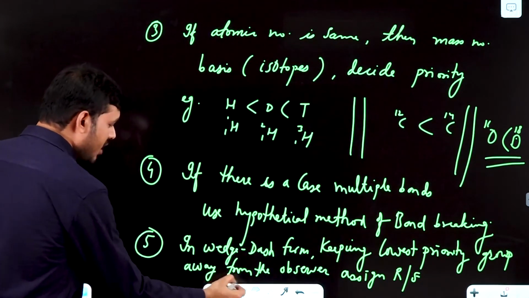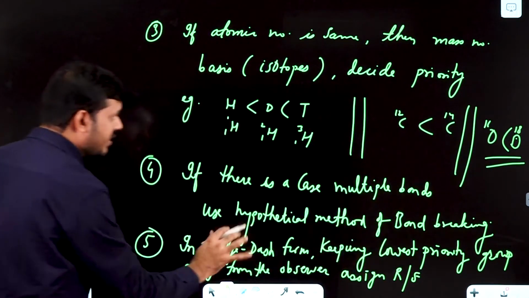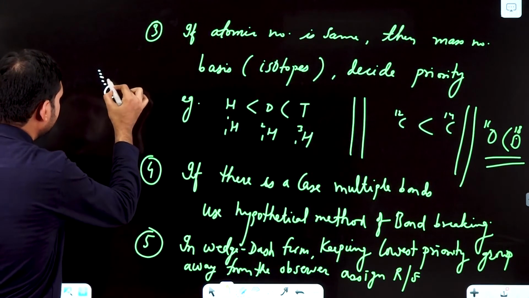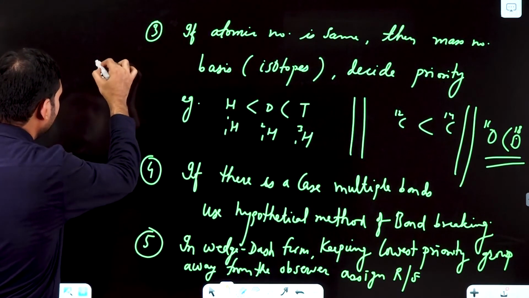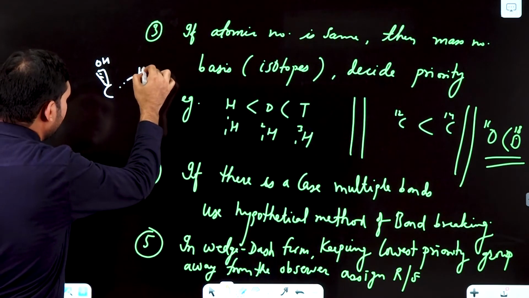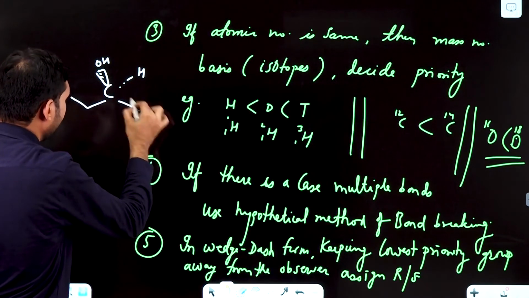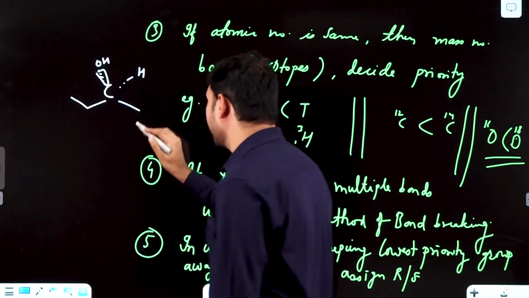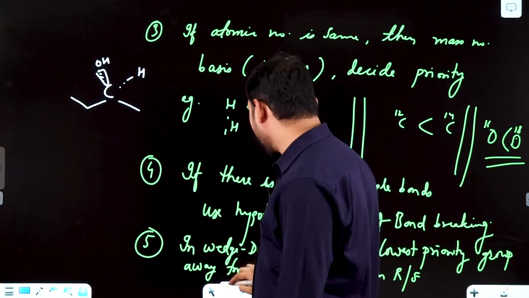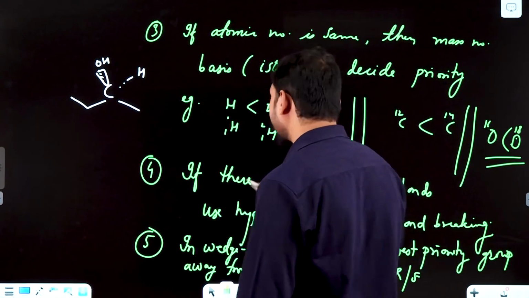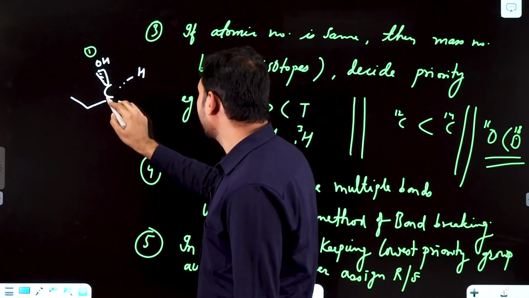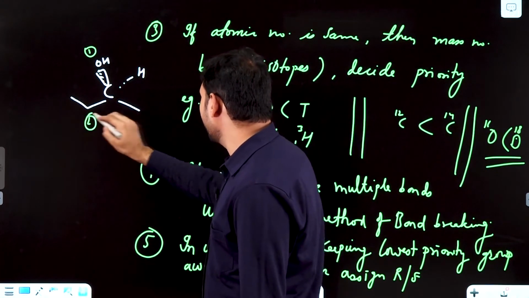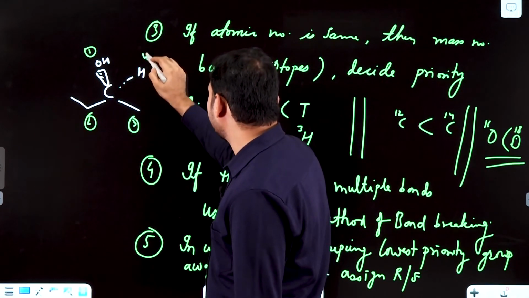See, I am drawing here so you can observe this rule particularly. This carbon, OH, H. See, this was our example. Students, if you see this example, with respect to priority, OH will be 1. This is CH2 carbon, CH3, so this is 2, this is 3, and this is 4.